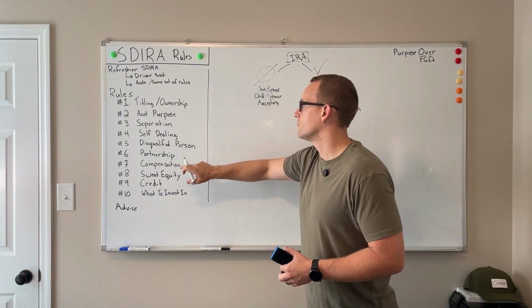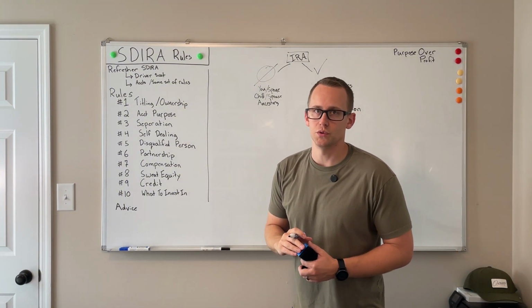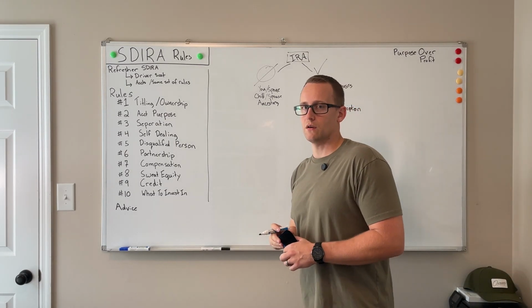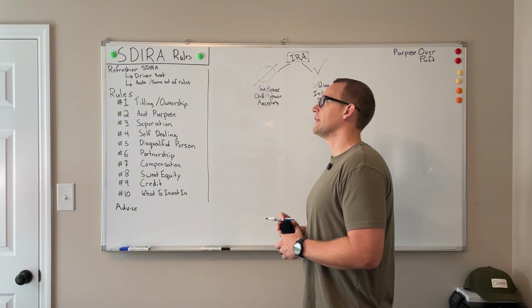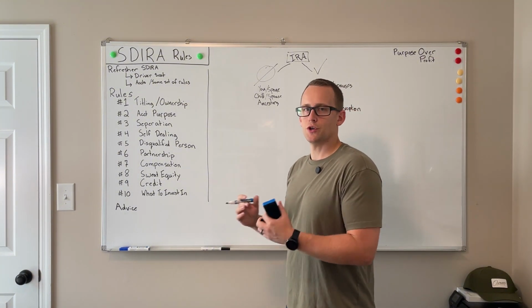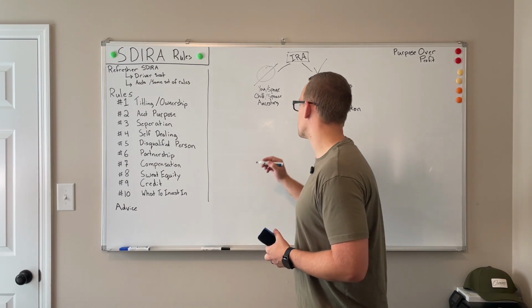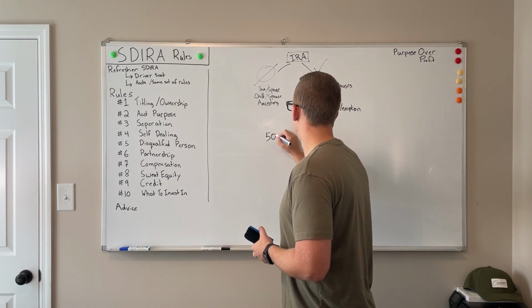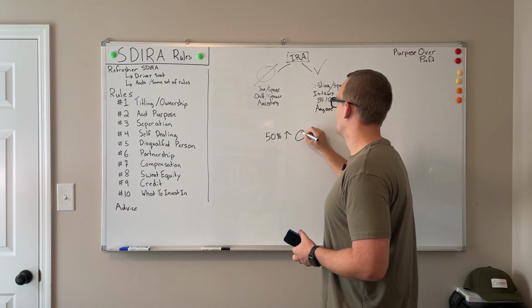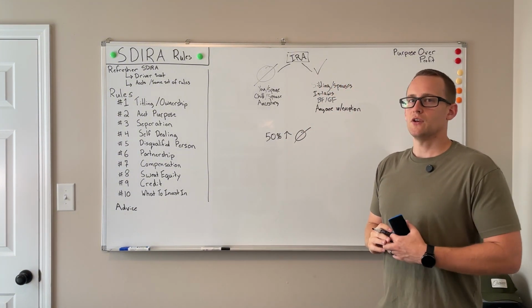That brings us to the partnership rule, rule number 6. So as far as partnerships go, say you're partnering with a company that you have ownership in. If your ownership is 50% or greater, that's a no-go. You can't partner with that company.